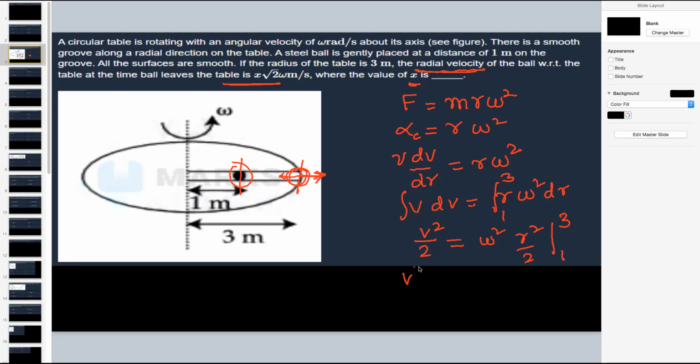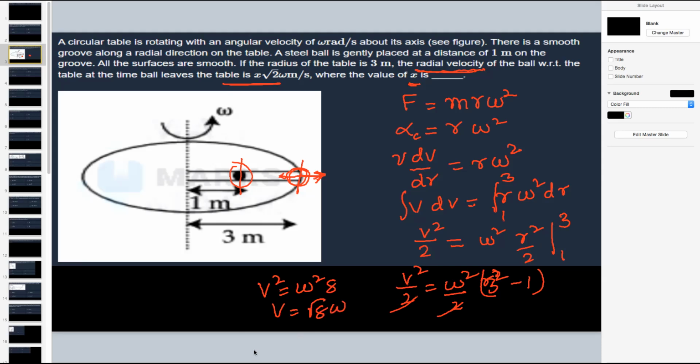So what I get? v square by 2 equals omega square by 2 into r square, that is 3 square minus 1. The 2 gets cancelled. Then v square equals omega square into 8. Then v equals root 8 omega.